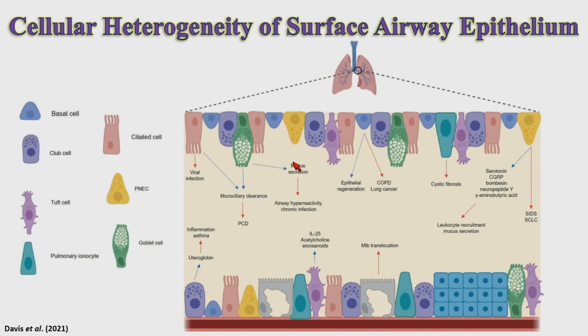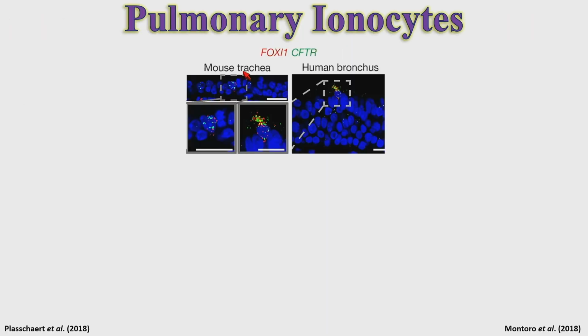At different time points, researchers have been associating different diseases with certain cell types. I'd like to focus on the pulmonary ionocyte that has been associated with cystic fibrosis. Pulmonary ionocytes were discovered in 2018 simultaneously by two research groups, who identified a rare cell type in human bronchus and mouse trachea that co-expresses FOXI1, a master regulator of pulmonary ionocytes, and CFTR.